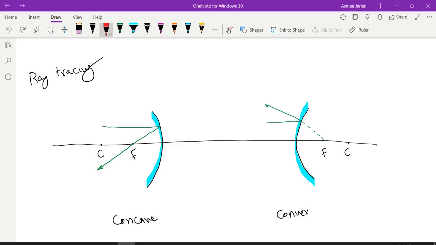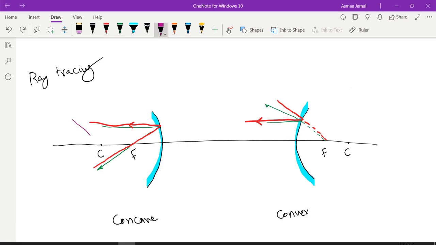And if that ray came passing through the focus, it will reflect parallel to the optical axis. In a convex mirror, a ray that appears to pass through the focus like that will reflect parallel to the optical axis.